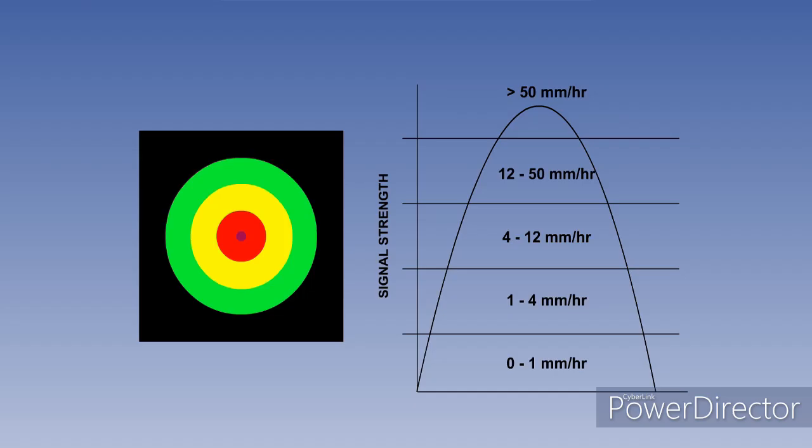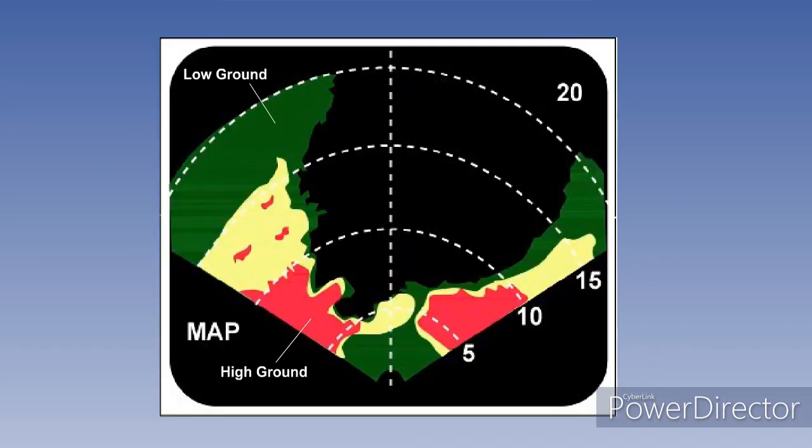In the weather mode, the colours represent the increasing variations in rainfall rate from light to very heavy. Green represents the lightest rainfall and magenta the heaviest, and usually indicates the presence of turbulence. For ground mapping, the green represents flat ground or water, whereas red represents large solid objects, such as mountains.